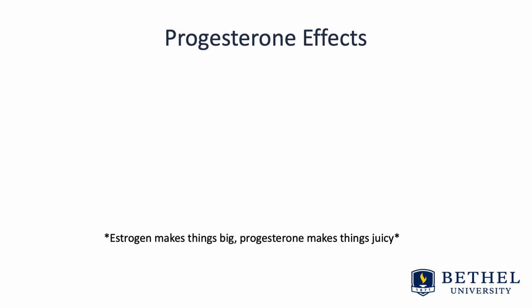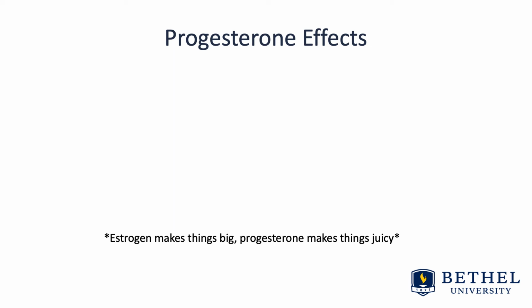So moving on to progesterone, you can see at the bottom of my slide here, I've got estrogen makes things big, progesterone makes things juicy. That's not entirely true in every way, but it does work pretty well for most things and helps you to potentially keep them separate in your head for what's doing what.